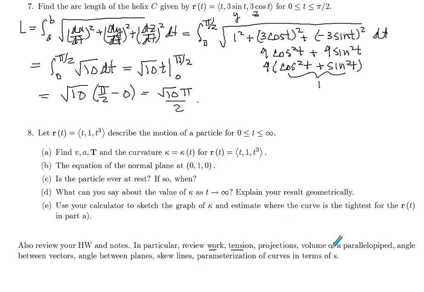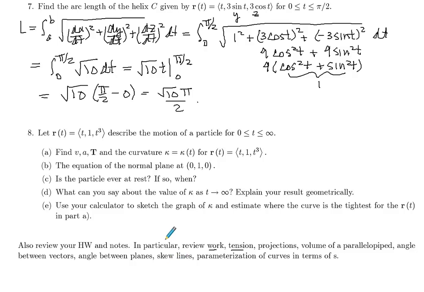Another application we saw was the volume of the parallelepiped that was determined by vectors A, B, and C. That was the triple scalar product. Then also angles between vectors and angles between planes. Those are both related. Remember, the angle between planes is given by the angle between the normal vectors. And alternative line problems, we checked for skew lines.